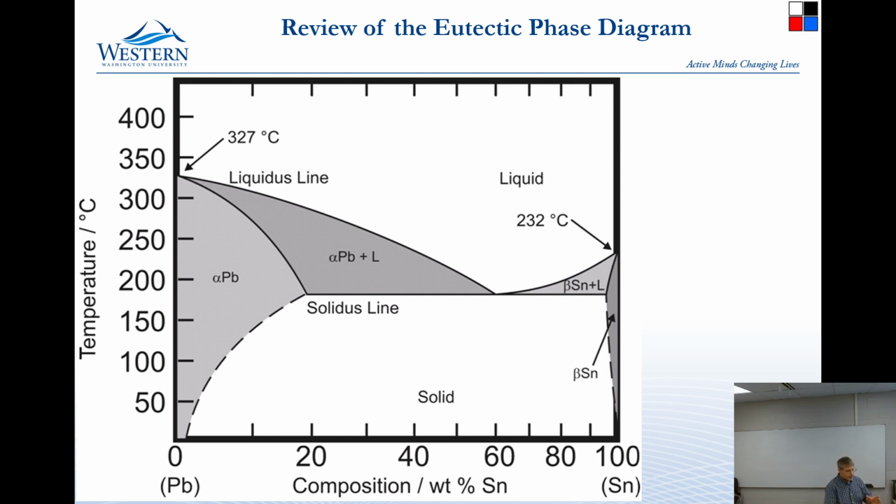So the weird thing is that if you have this material completely solid, no liquid at all, and you cool the material from this point down to this point, from inside this alpha lead area down into the section at the bottom that's just labeled solid, some of the tin will come out of solution.